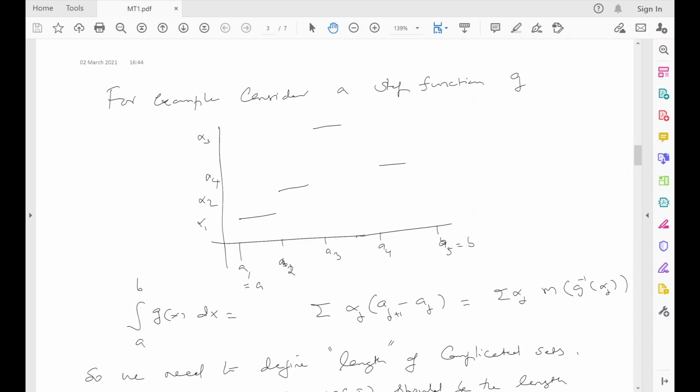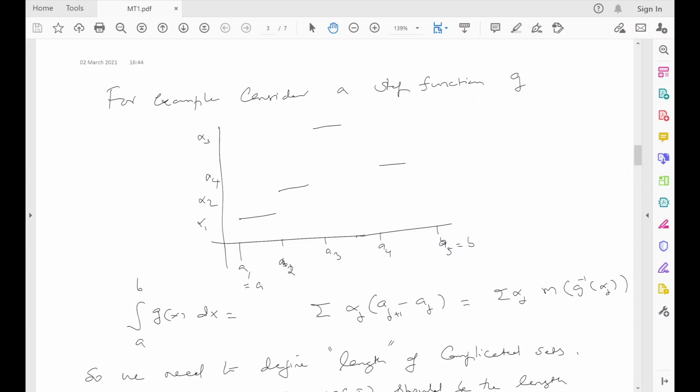Okay, so if I have a step function, then of course it is Riemann integrable. That is easy to show. And what is the integral? The integral from a to b of g(x) dx is, in each interval, alpha j times the length of that interval, right? That is the Riemann integral, and that you can see is simply alpha j times m of g inverse of alpha j, where m, remember, is the length.